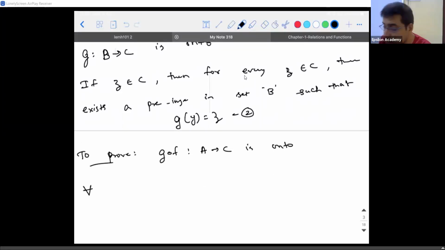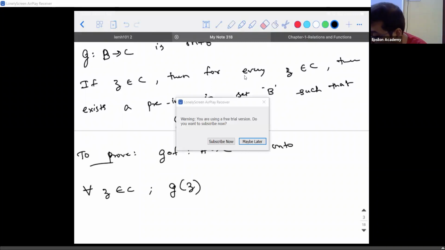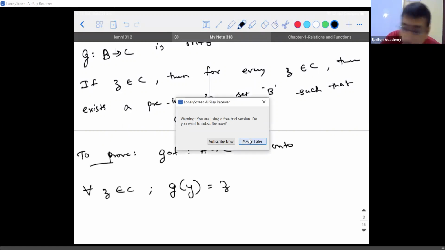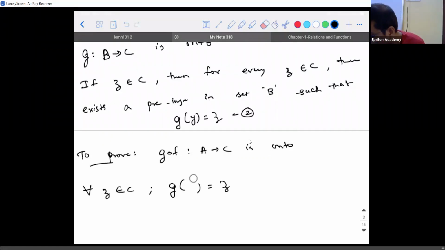For all values of z that belongs to set C, there should be a pre-image existing in set A, such that g of f of x should be equal to z.